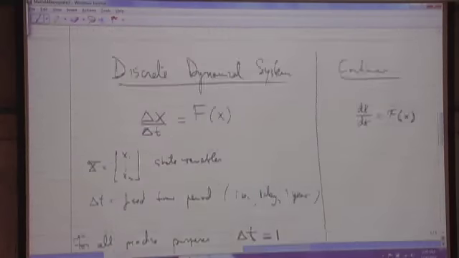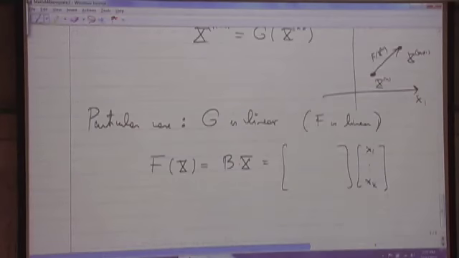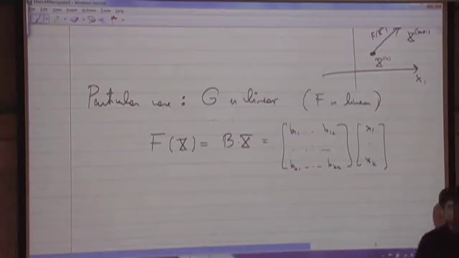I want to change this from n to k because n is going to stand for the number of iterations. And this matrix is b11, b1k, bk1, bkk. So that's what it means that f is linear.